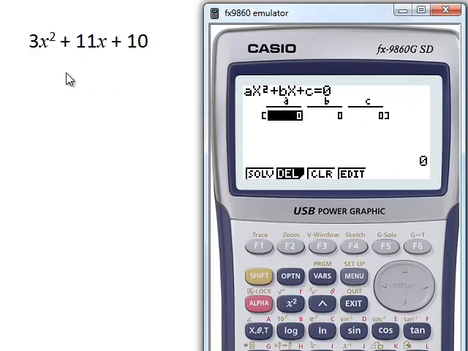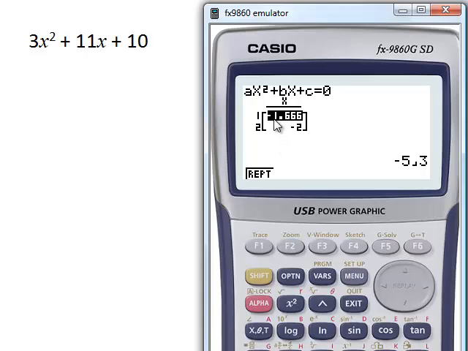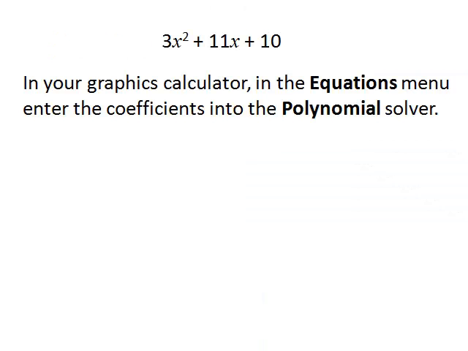We're going to type in the coefficients 3, 11, 10, and it's going to give the solution. Notice it's solving, and its solution is minus 1.666, and if we look down here we can see that is minus 5 over 3, conveniently given as a fraction, and minus 2. Those are our two solutions, so we can use those solutions to factorise.